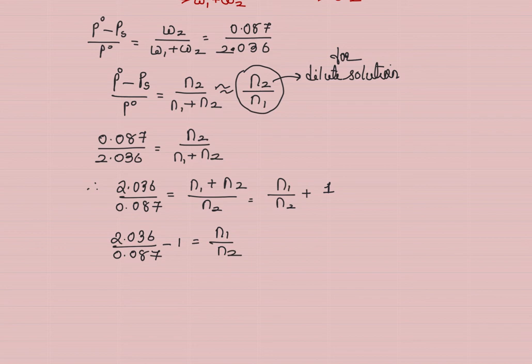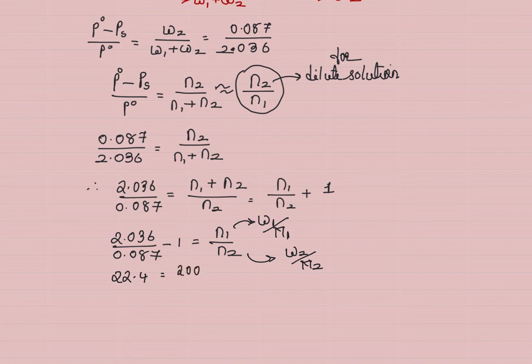So here we could keep 2.036 divided by 0.087 minus 1. If you calculate this, you generally get a value equal to 22.4, and this should be equal to N1 by N2. N1 is the weight of solvent upon molar mass of solvent, and N2 is W2 upon M2. Here N1 is for solvent.